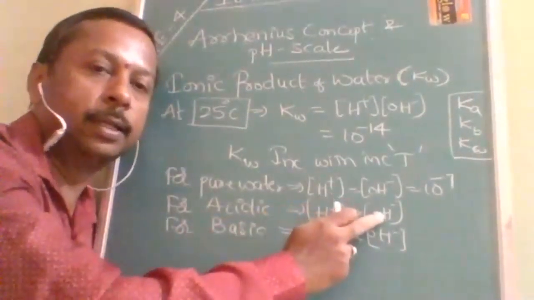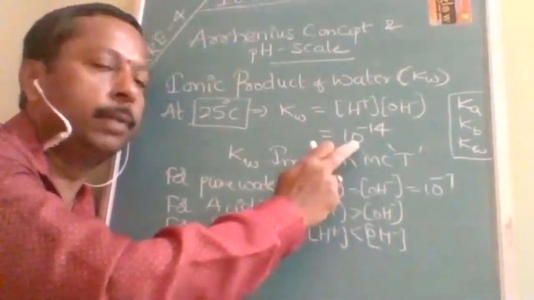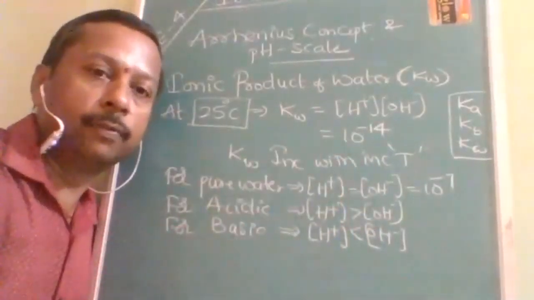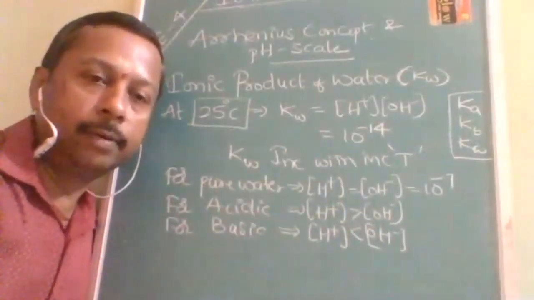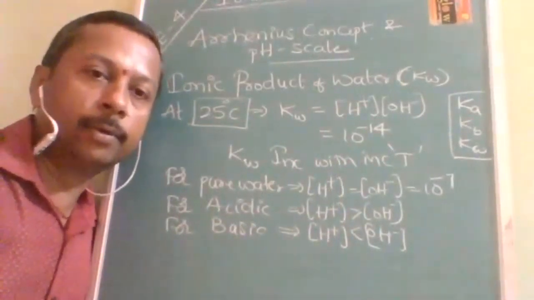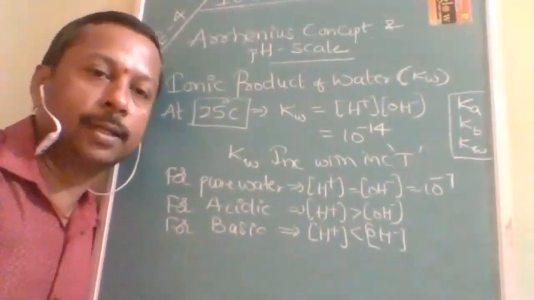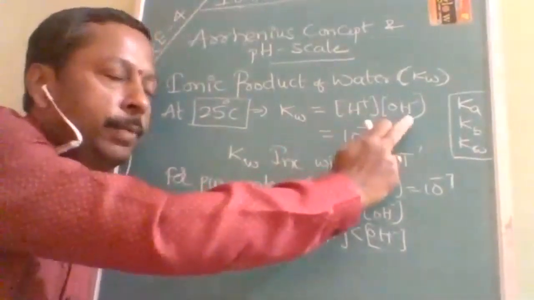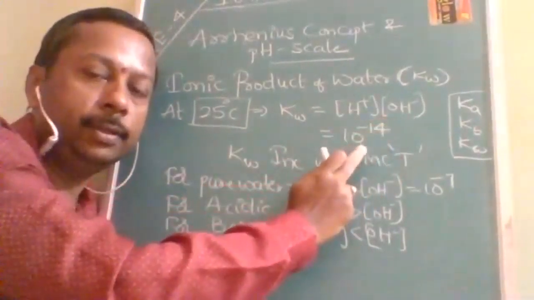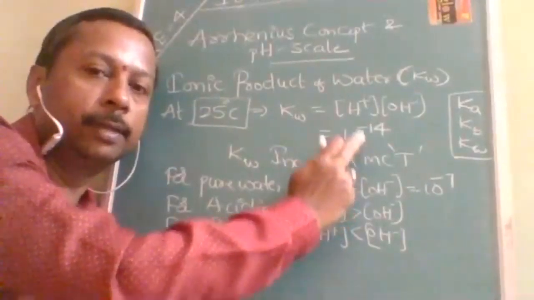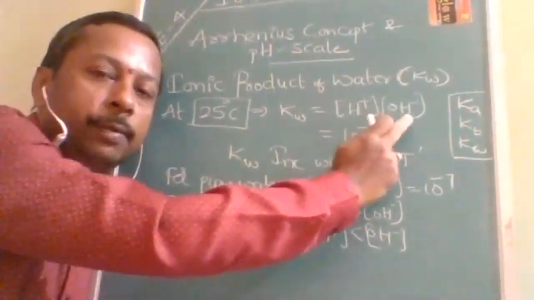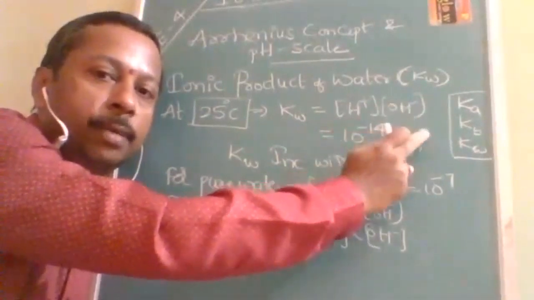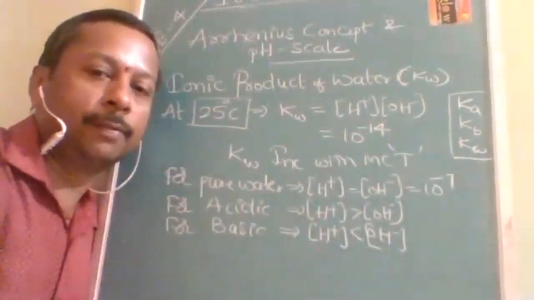Correspondingly, there is a decrease in OH minus, because on multiplying this has to be 10 to the power minus 14 only. Because in the equilibrium chapter I told you, equilibrium constant is constant at constant temperature. Okay. So if one increases, automatically other will decrease, because this is constant. Okay. If it is increasing 10 times, the other will decrease by 10 times, and the product will be again 10 to the power minus 14.